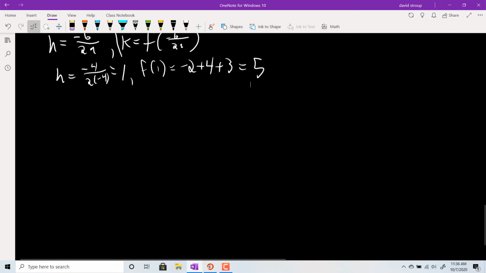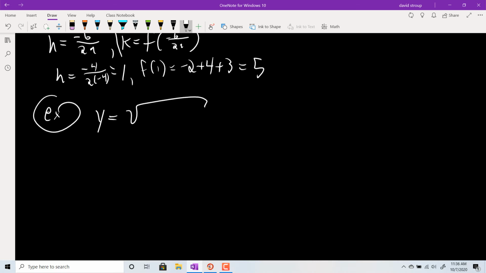Okay, let's look at another one, maybe a little harder this time. So this will be x times the square root of 16 minus x squared. Okay, so first thing, it has an implied domain. 16 minus x squared has to be greater than or equal to 0 for this to work.